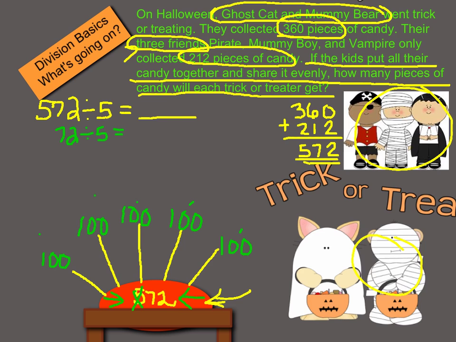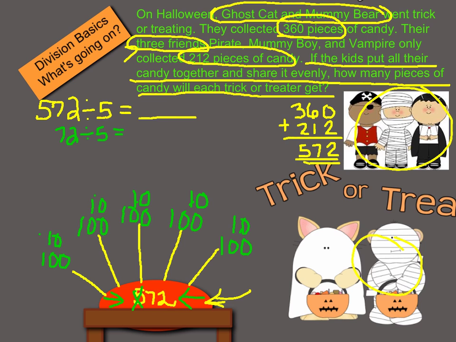Well, if I look at 72 and I look at 5, I know I can't do 20, because if I did 20, that would be 100. But I know that I can do 10. In other words, I can safely give each trick-or-treater 10 more pieces of candy and not go over my 72 pieces.